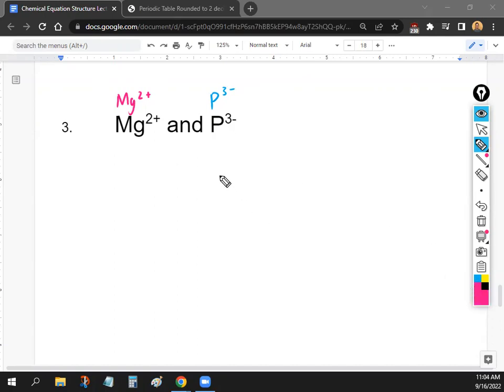So we need to go back and add another one of the Mgs. And if you notice, they finally balance each other out. So this is kind of like a balancing game. You just need to add positives, add negatives until they finally balance each other out. If you notice, it's +2, 4, 6, and that balances out with the -3, 6. Okay. Does that make sense? Yeah.